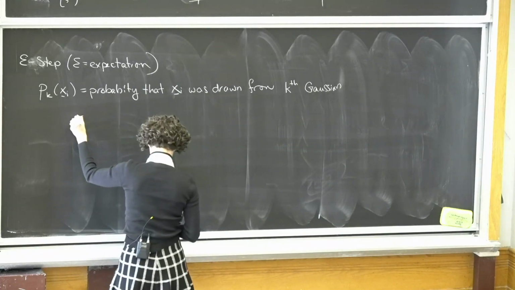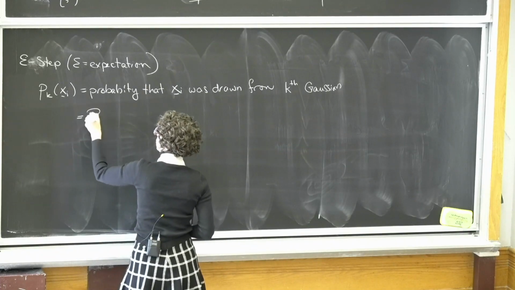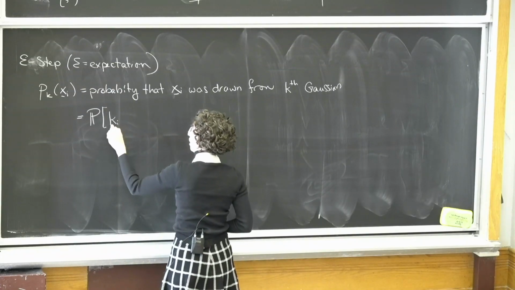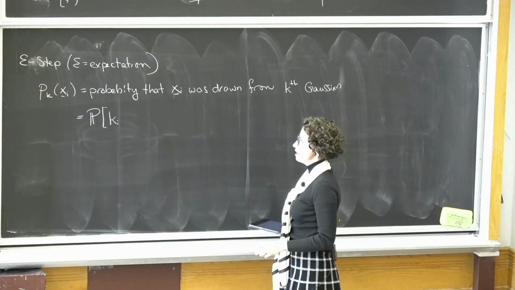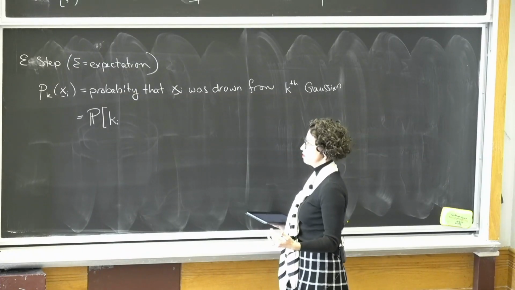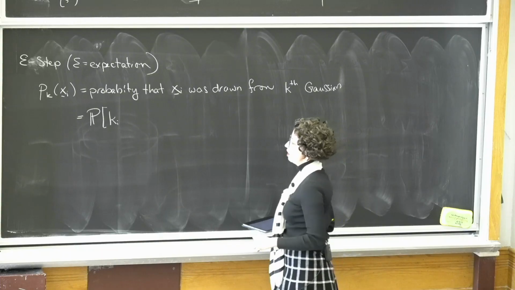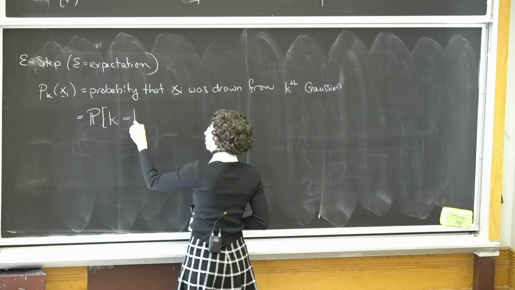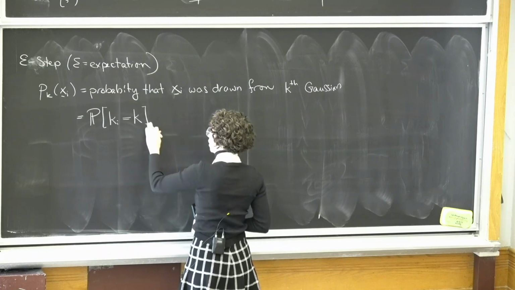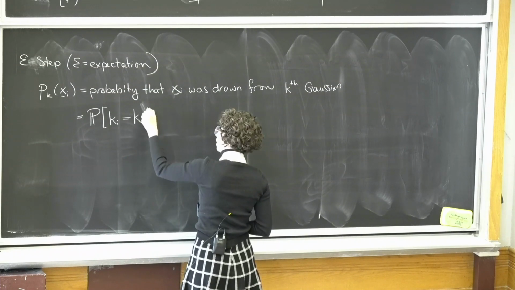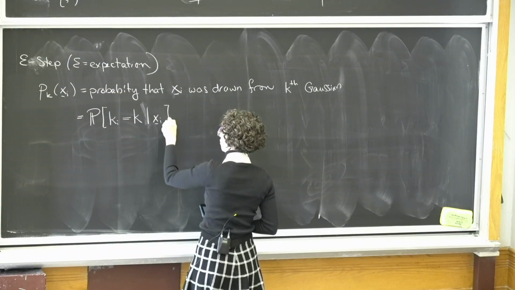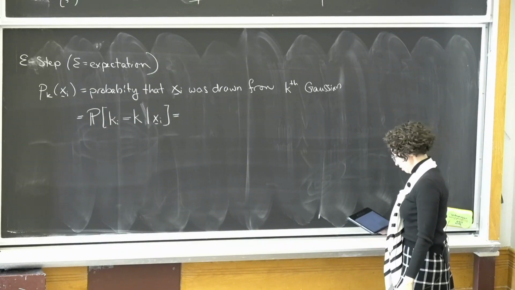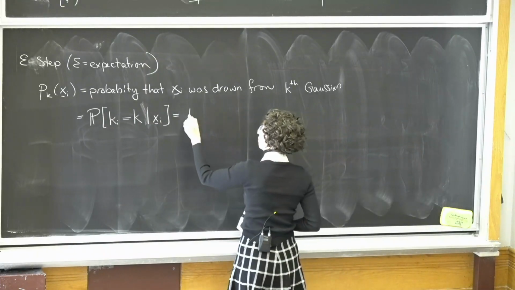So in particular, this is equal to, I'm going to use capital P for probability. And remember last time with k-means, we let ki be the cluster that we associated with point xi. So we're saying what's the probability that xi is drawn from Gaussian k, given the values that we observe in xi. And so to compute this, we need to look at the following expression.